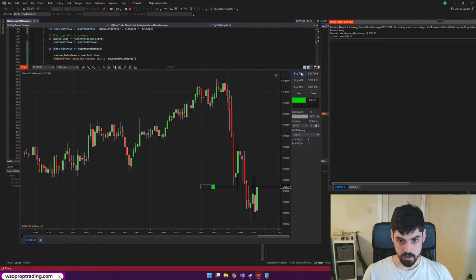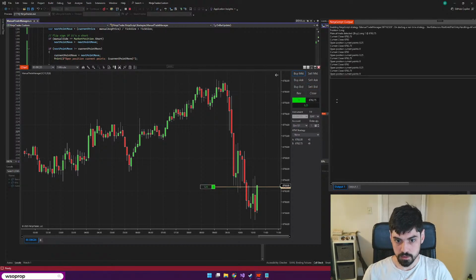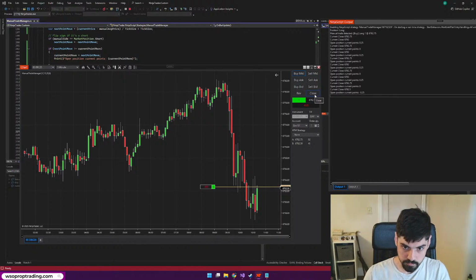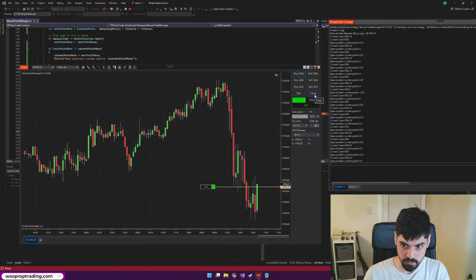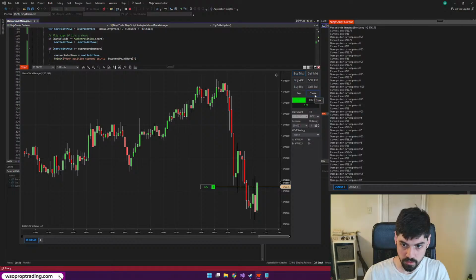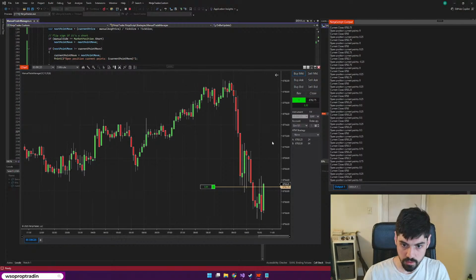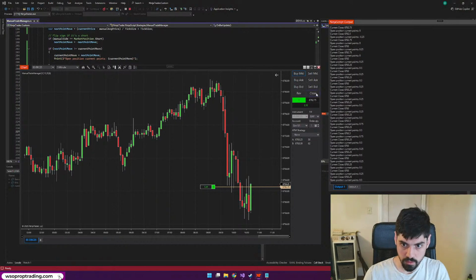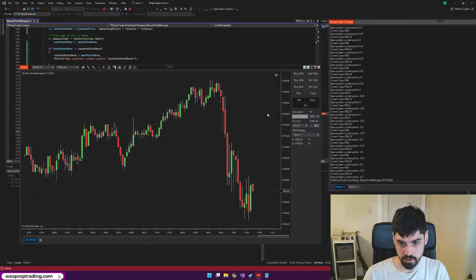Alright. Order filled. Trying to see what it prints out the tick size is when it gets up there. I'm pretty sure it's going to say 0.25. Order filled.